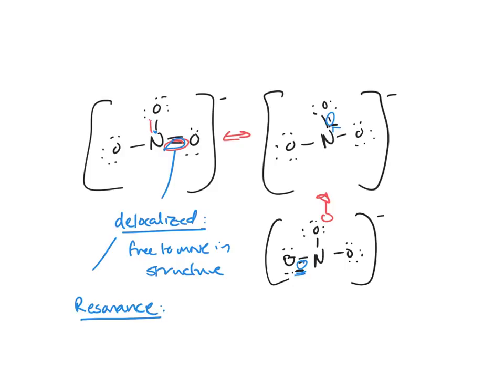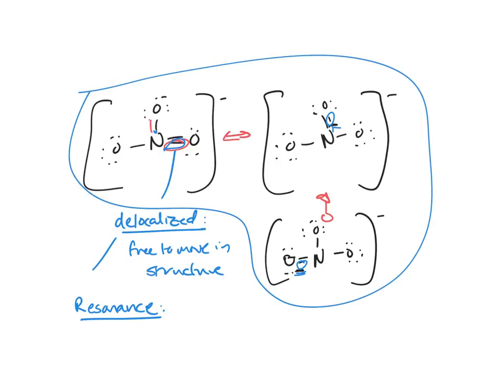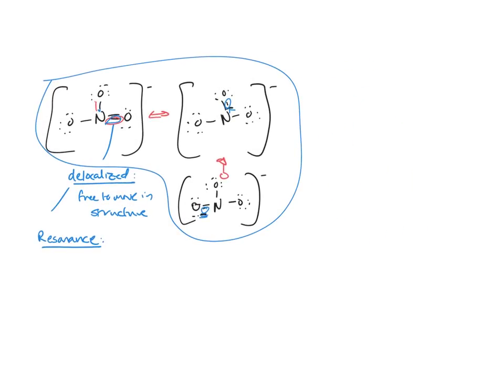Taken alone, none of these structures adequately represents the bonding that's present in nitrate. But when we take all of the structures that we've drawn here and superimpose them on each other, that somewhat represents it a little bit. Not a lot, but a little bit. So when we do that, we get something called a resonance hybrid, which in the case of nitrate would look something like this. You have the nitrogen, a pure single bond between all of the oxygens.